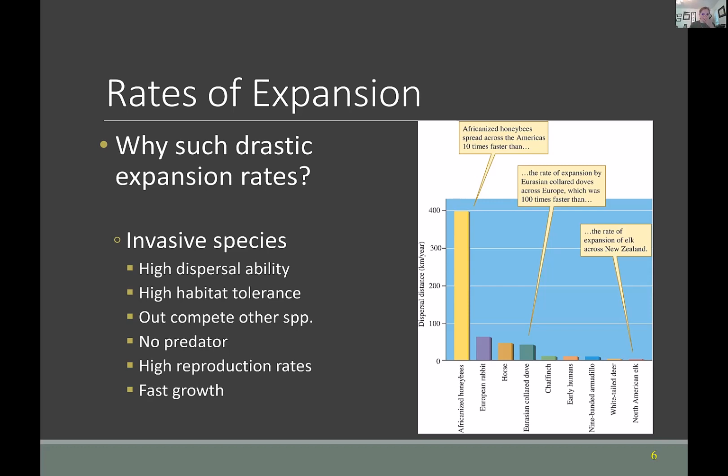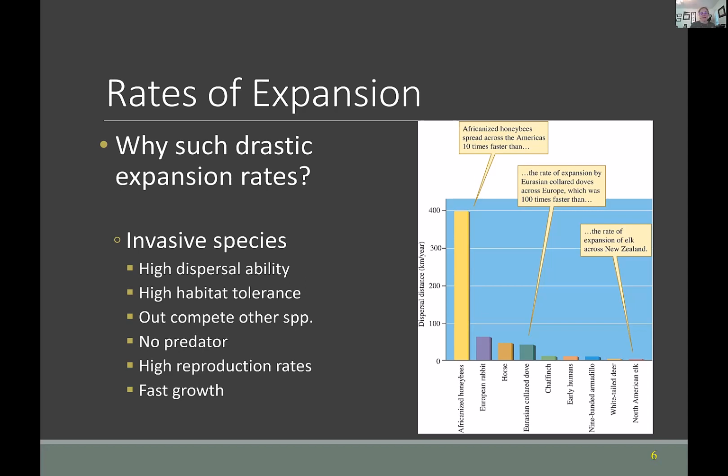If they move into, right, we're talking about dispersal. So if we move into a new population and they are successful, usually they have a high ability to disperse, right? If they didn't, they would die off. Again, they're a new habitat, they're thriving. Usually these organisms, they're not selective. They can tolerate a wide range of either environmental conditions or maybe food sources, right?